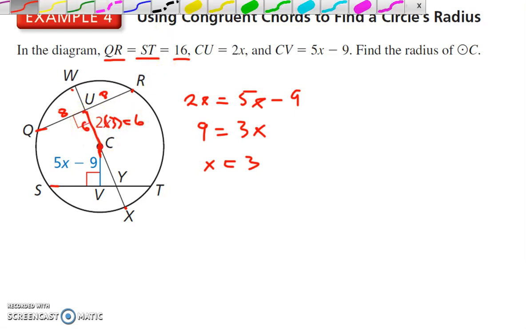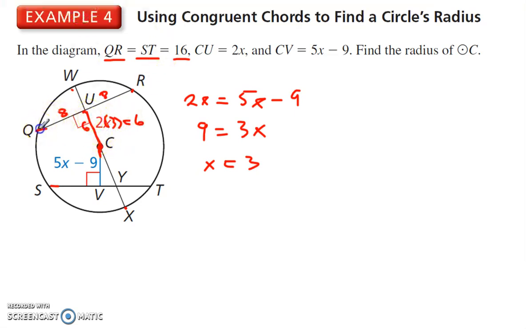Now if I want the radius, I already have two sides of a right triangle here, so I can use CQ as the radius, R, and then we'll use a right triangle. 6, 8, that's a Pythagorean triple. 6, 8 makes this 10. The radius is 10. There you have it.